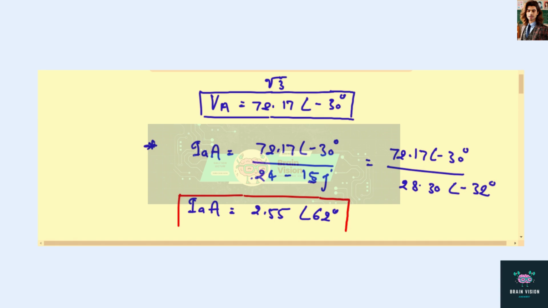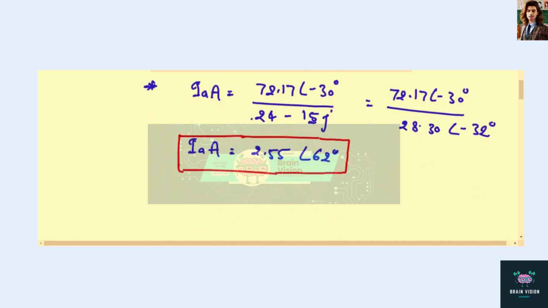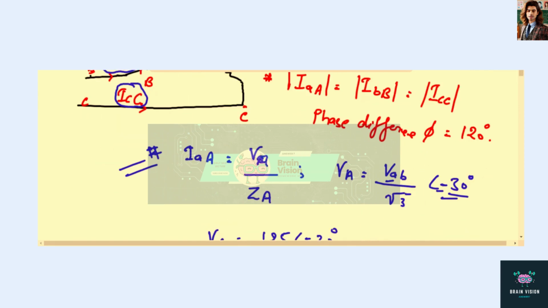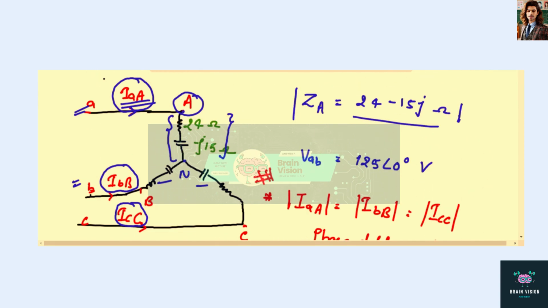As I already told, the magnitude of the remaining line currents will be the same, but the phase difference must be 120 degrees. In the question, it is given that the load has a positive phase sequence. So I_aA lags I_bB by 120 degrees, and similarly I_aA leads I_cC by 120 degrees.